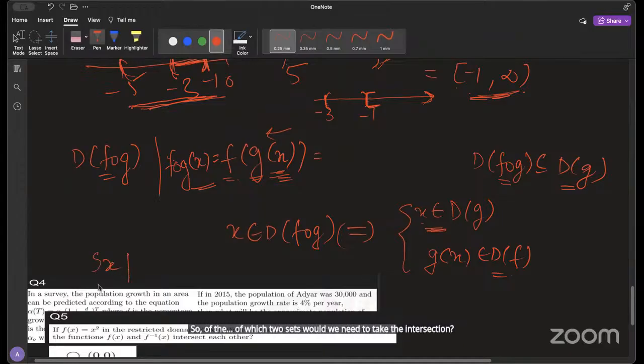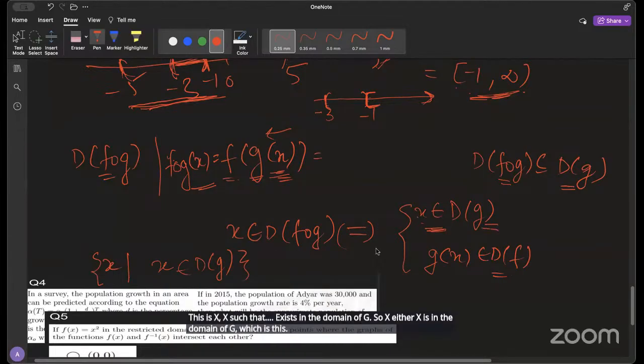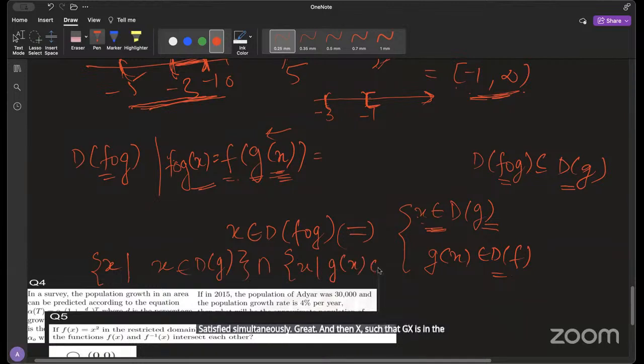What are the two conditions on X? First is X such that X is in the domain of G, which is this condition. And then you want these two conditions to be satisfied simultaneously, right? And then X such that Gx is in the domain of F. This is the intersection that I was talking about. Is this clear now? Okay.